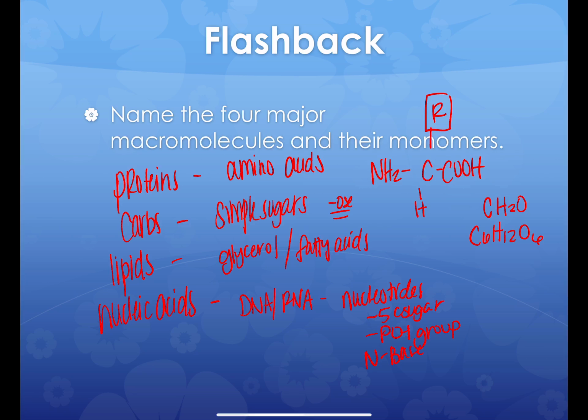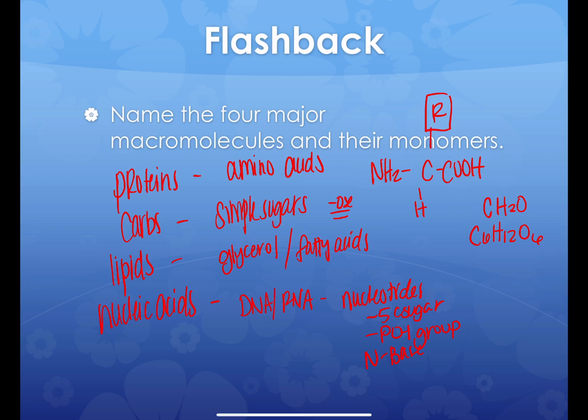The phosphate group is just a phosphate group. Those make up the backbone of the DNA molecule, or the sides. And in the middle, we have those nitrogen bases, which are A, T, G, and C. And they pair according to Chargaff's rules. A pairs with T, G pairs with C, and we'll revisit that a lot more later.